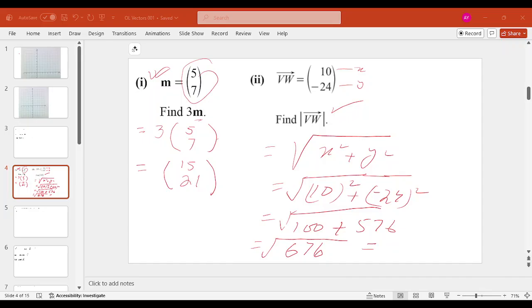On your calculator, if you have one, that is equal to 26. Yes, 676 is also a perfect square.